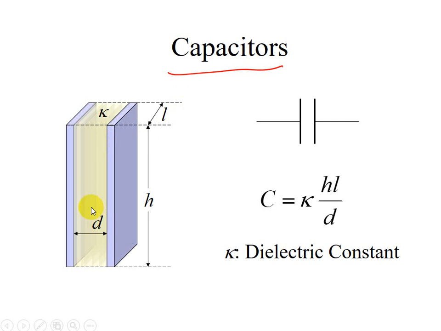Basically, a capacitor is a structure with two electrodes separated by an insulator in between.